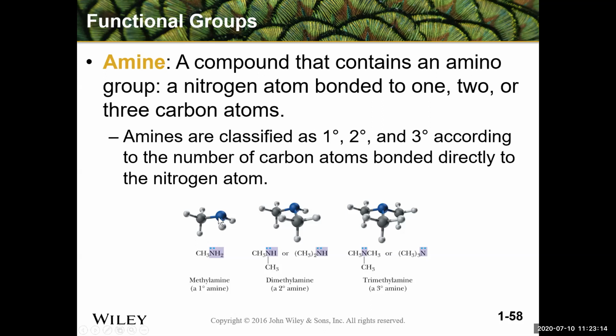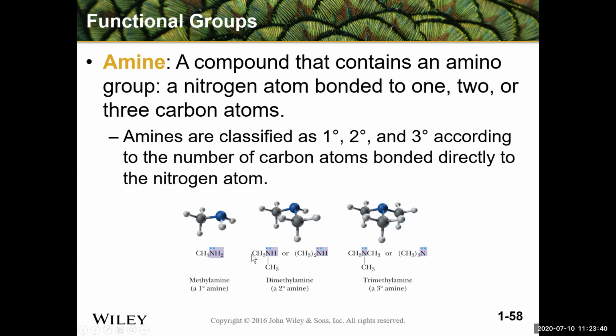So in a primary amine, you have to have 2 hydrogens because you need 3 bonds, and by definition, a primary amine is a molecule that forms a bond to only 1 carbon. So another clue of a primary amine is that you have 2 hydrogens attached to the nitrogen.